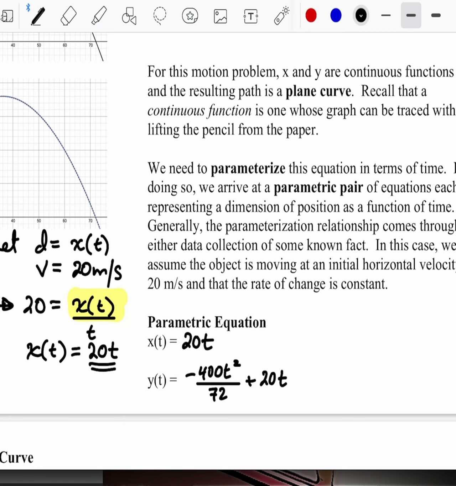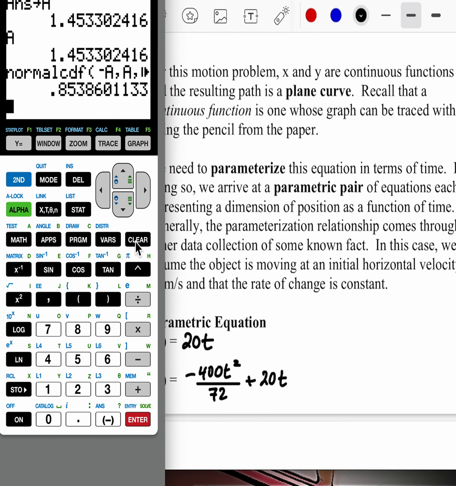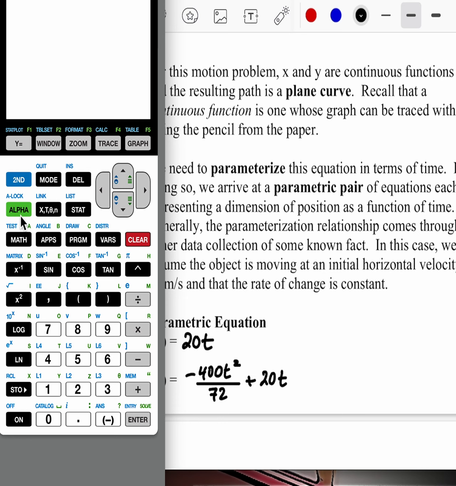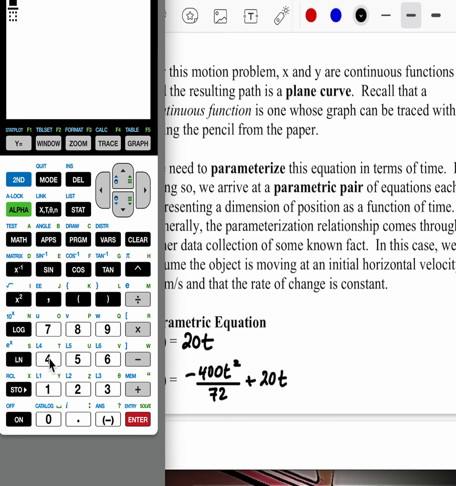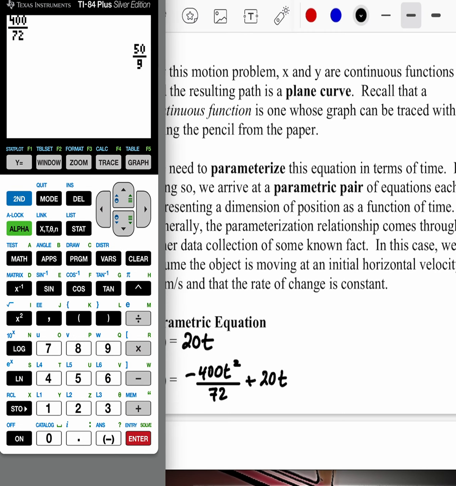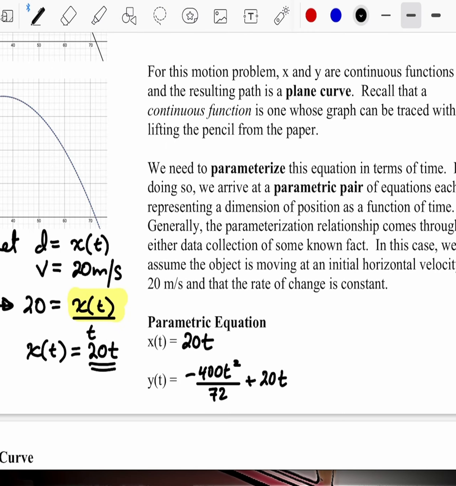Just a quick computation here. So y equals, pop in the 400, just for the sake of straight up laziness, let the calculator reduce for me. 50 over 9. All right, so negative 50 over 9 t squared plus 20t.